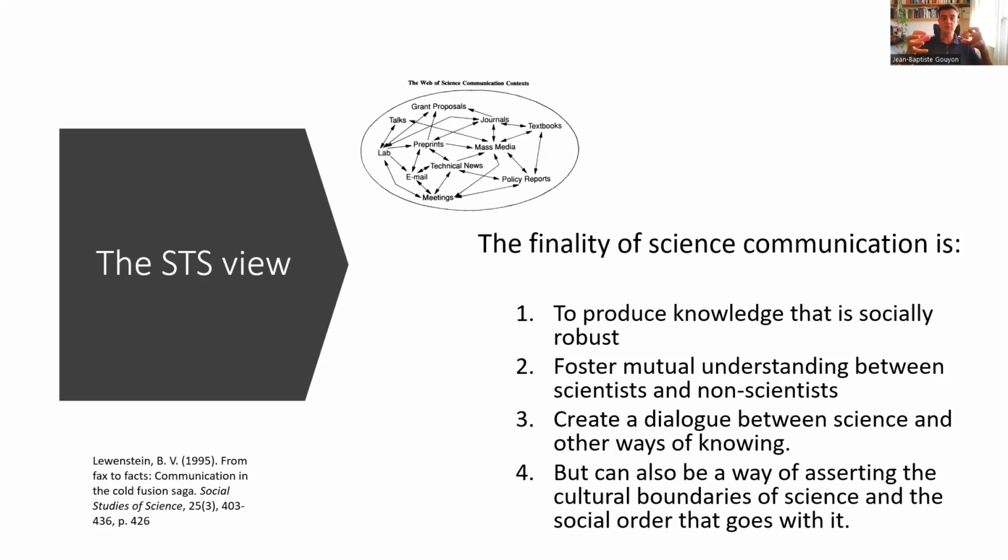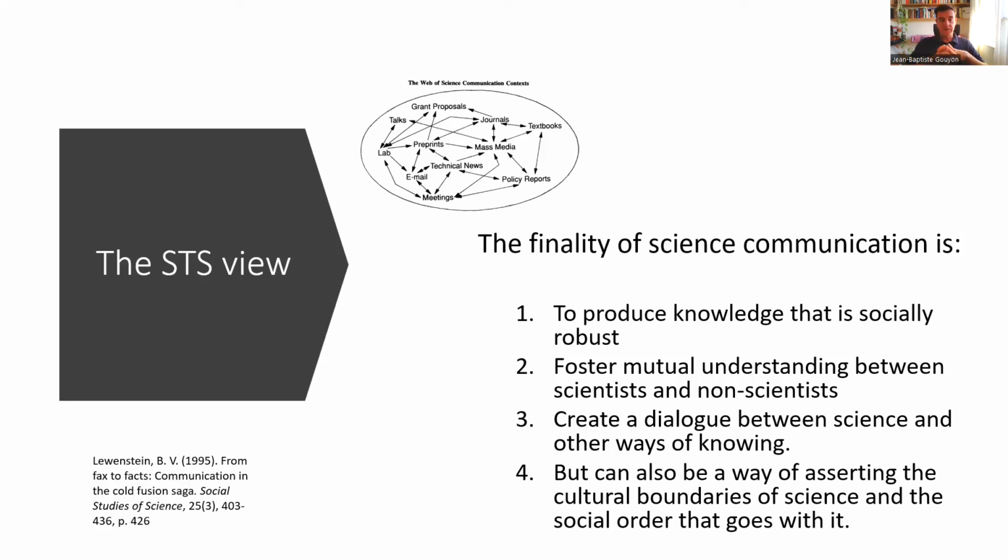So it's really about creating a dialogue between science and other ways of knowing, because that's what is happening in society amongst people who are not necessarily scientists. Everybody has different ways of knowing.